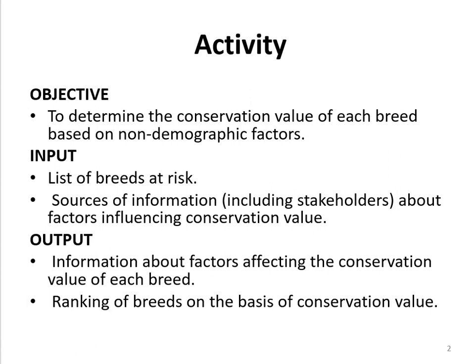Our output would be information about factors affecting the conservation value of each breed and a ranking of breeds on the basis of conservation value. So in case of emergency, if we need to conserve, for example, 1 out of 3 breeds, which breed would be our priority? That can be determined on the basis of conservation value.